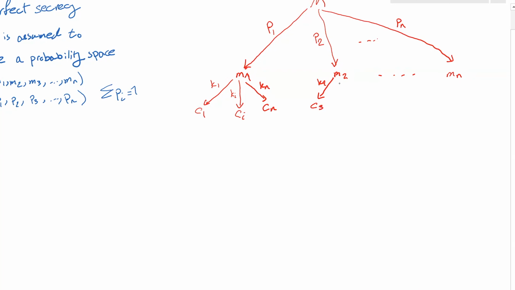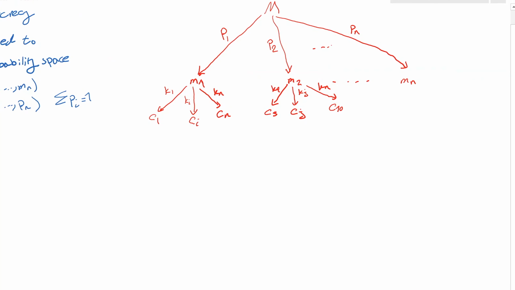And then for M2, if I choose KJ over here, then I would end up with CJ. And eventually when I choose KN, I would get maybe C10, for example.